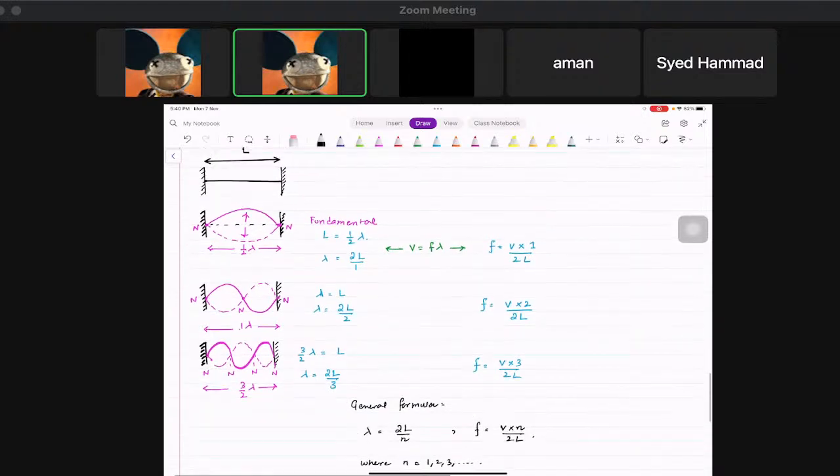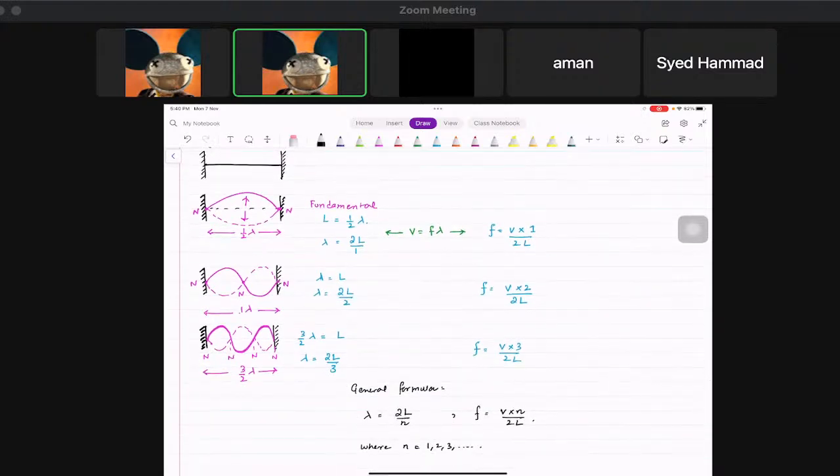You know what this is? What kind of wave is formed? What instrument forms this kind of wave? Anything like a guitar, right?